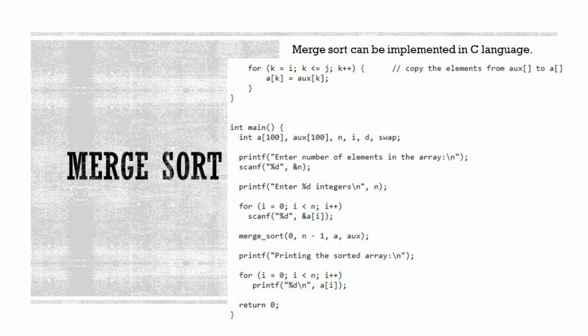And then we have the remaining code to enter the number of elements and the integers, and then to print the sorted array, and to return 0. That's all for the merge sort implemented in C language. That's all from us. Thank you.